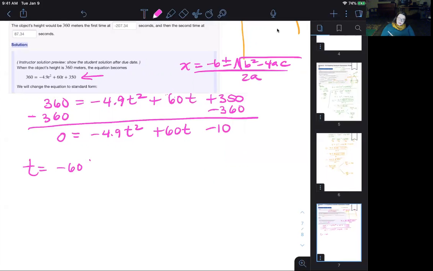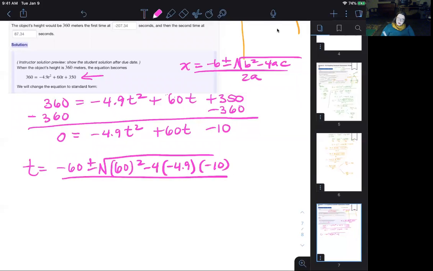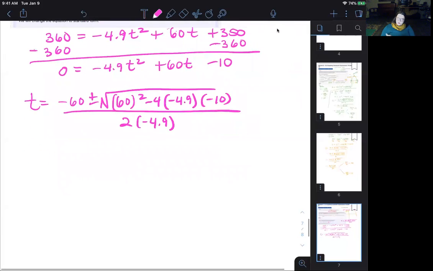That's where I'm getting that from. Plus or minus the square root of 60 squared minus 4 times a, which is negative 4.9, times c, in this case negative 10, all over 2 times negative 4.9. And then we'll want to continue to simplify.